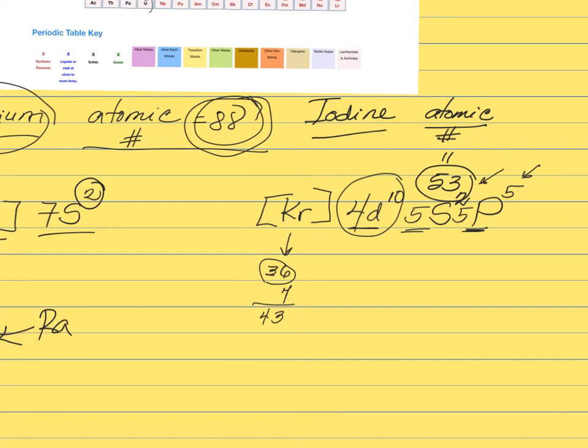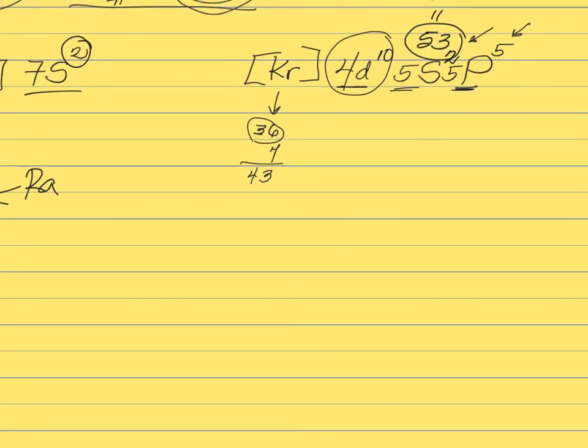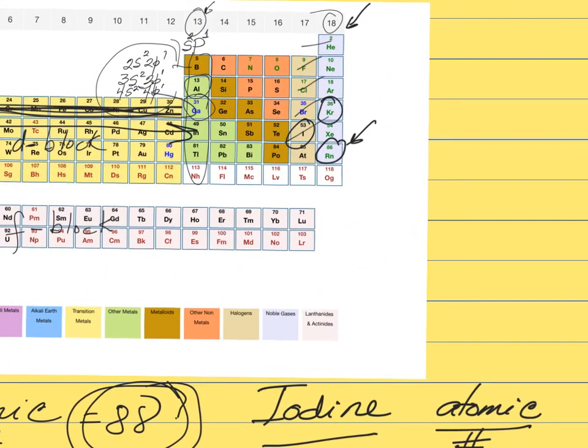Okay, let me show you another example to see if you understand this. Tellurium. Okay, tellurium, no. I'm going to use polonium. Polonium has an atomic number equal to 84. Polonium is in group 16, period 1, 2, 3, 4, 5, 6.